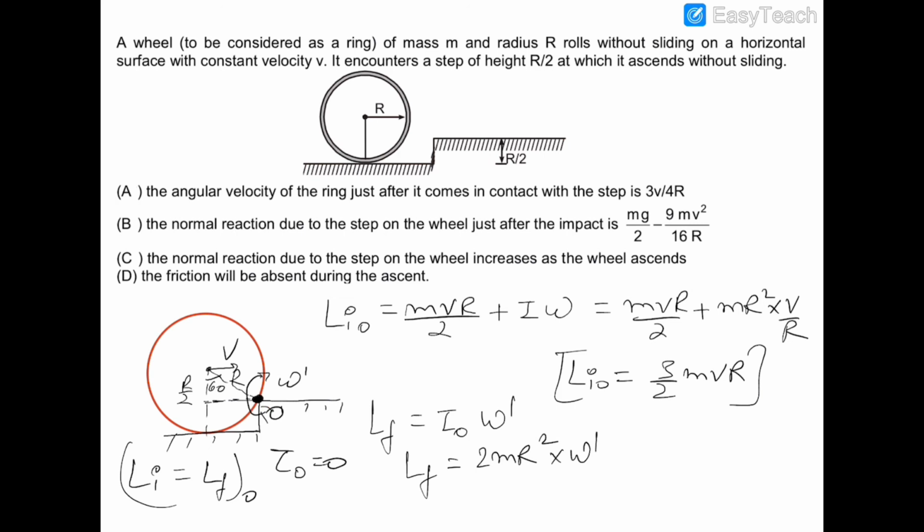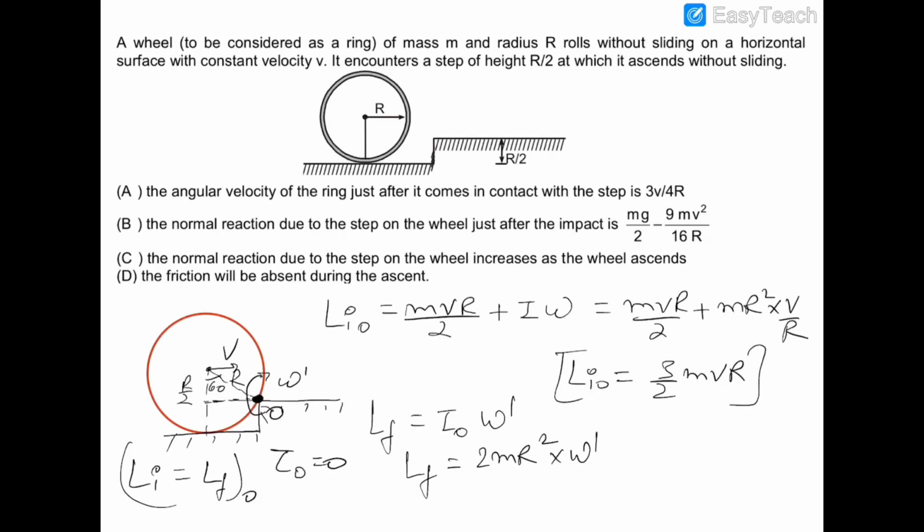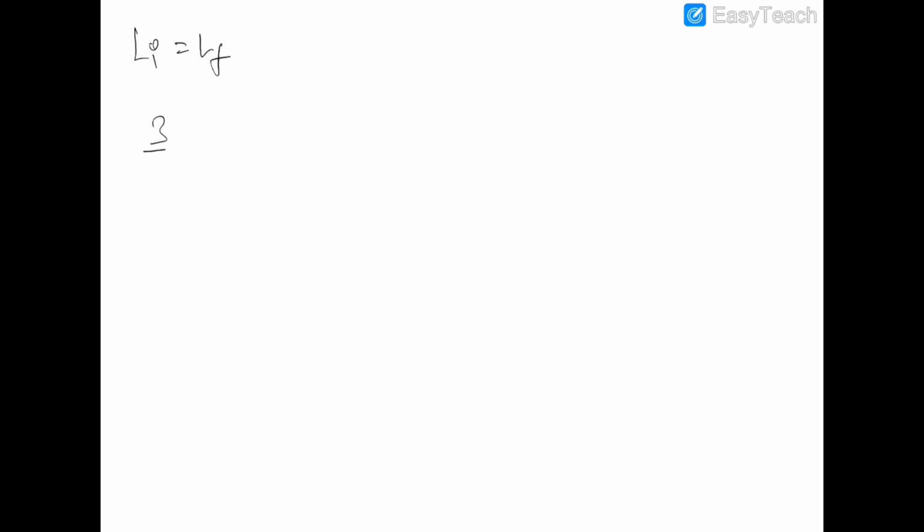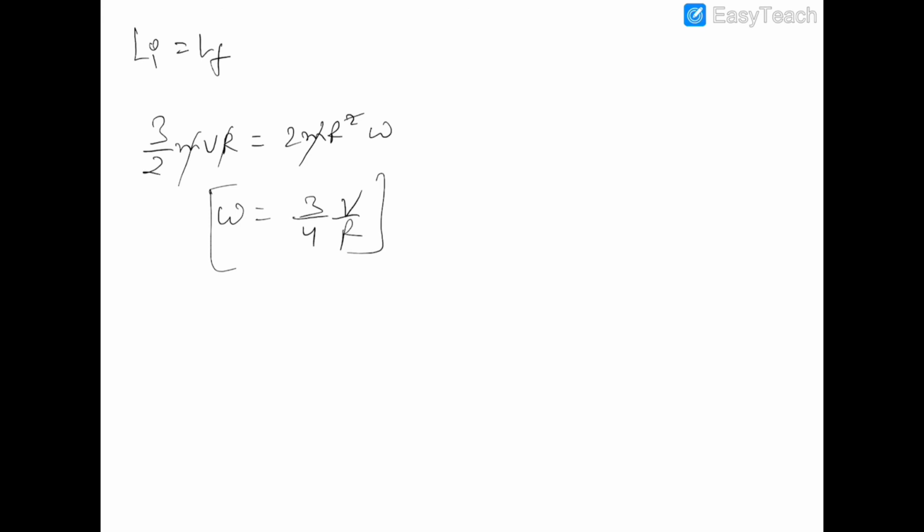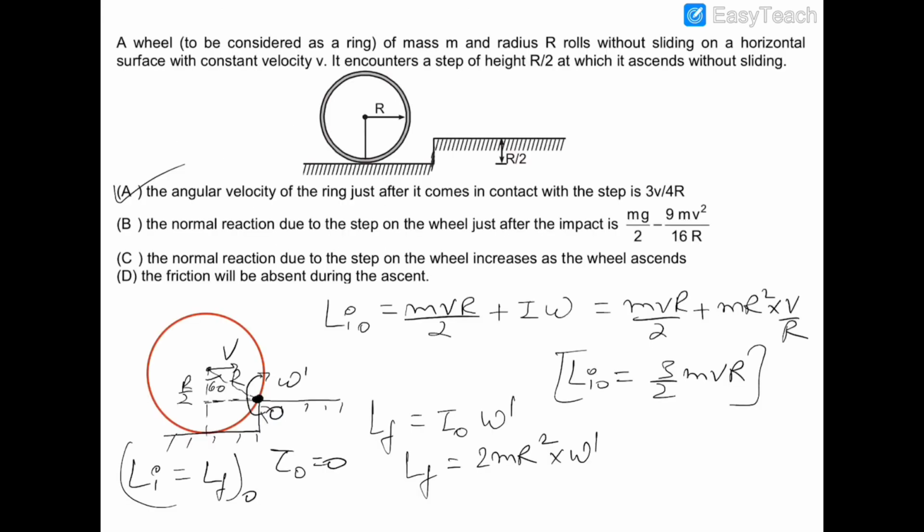So if we balance the initial and final angular momentum, then 3 by 2 mvr is equal to 2 mr square into omega dash, and cancelling m with m and r with r, omega dash will be equal to 3 by 4 v by r. So option number A is correct, you can see.